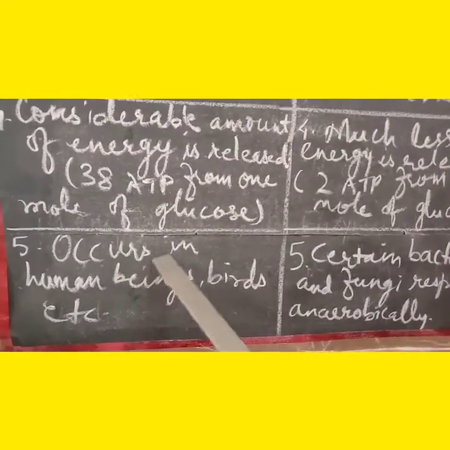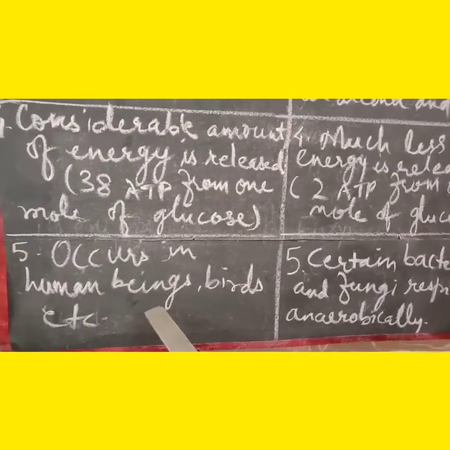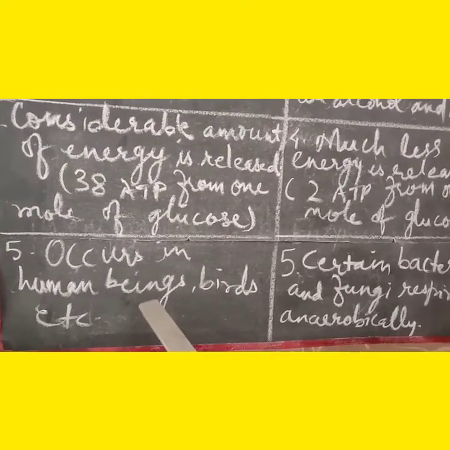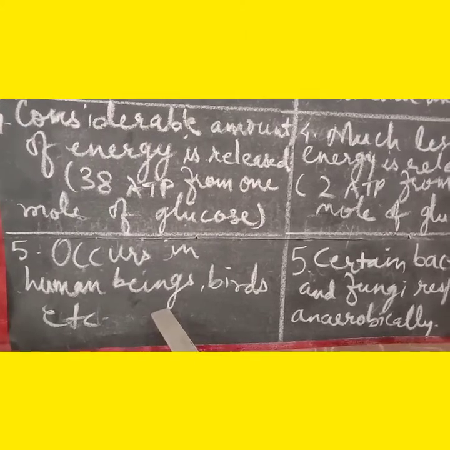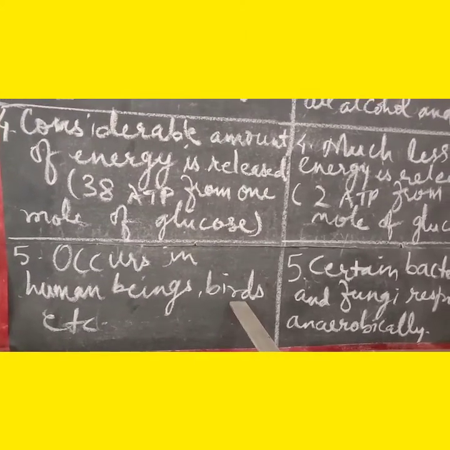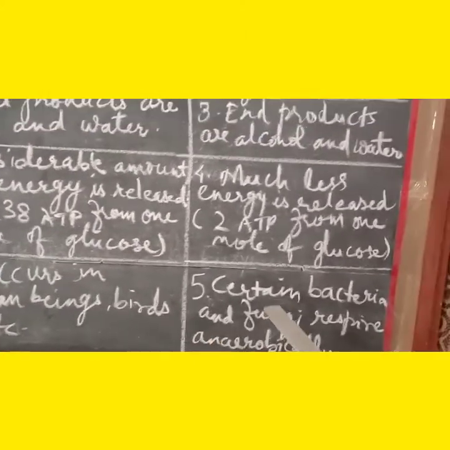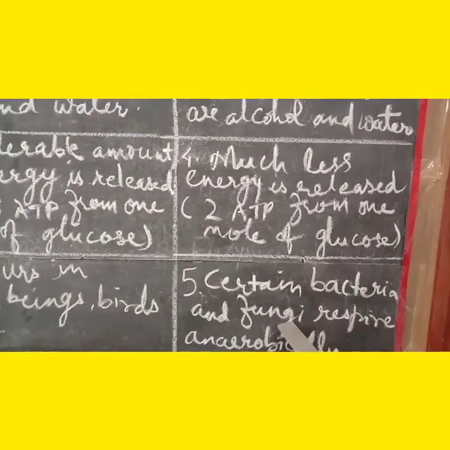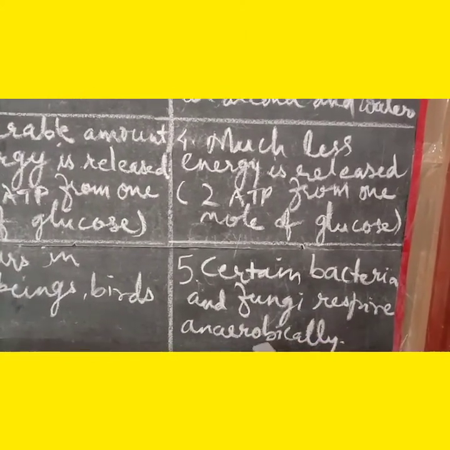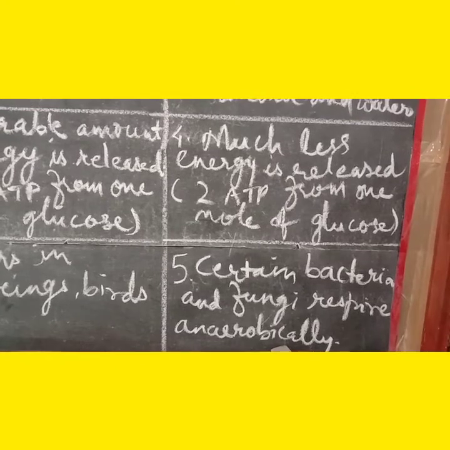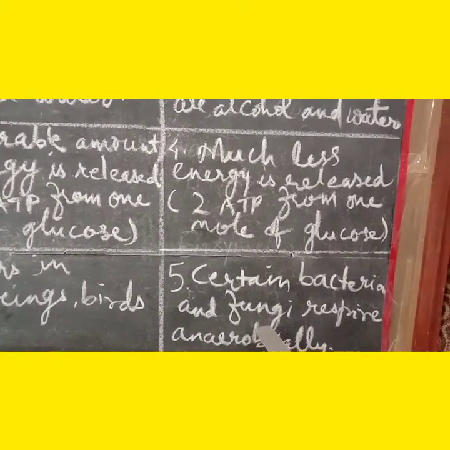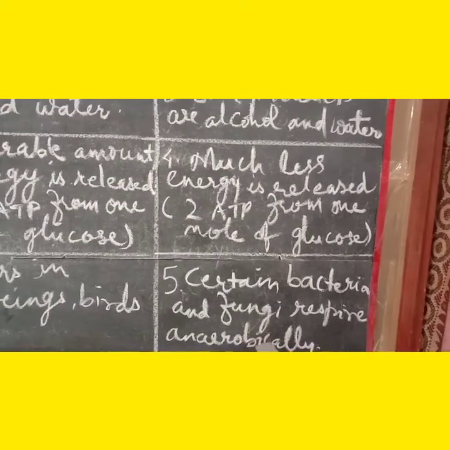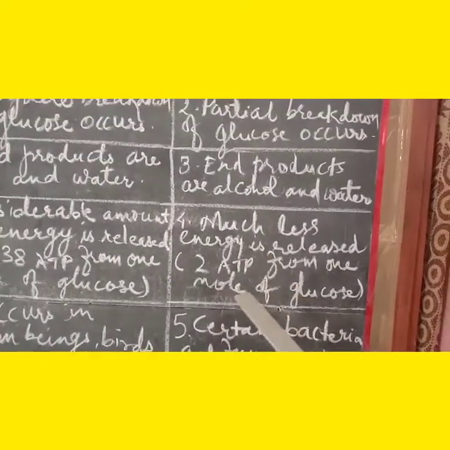The next point can be taken as the example of the organisms in which normally aerobic respiration occurs. Very good example is human being itself, then the birds, etc. Certain bacteria and fungi respire anaerobically, normally, and yeast is a very good example for carrying out the process of anaerobic respiration.